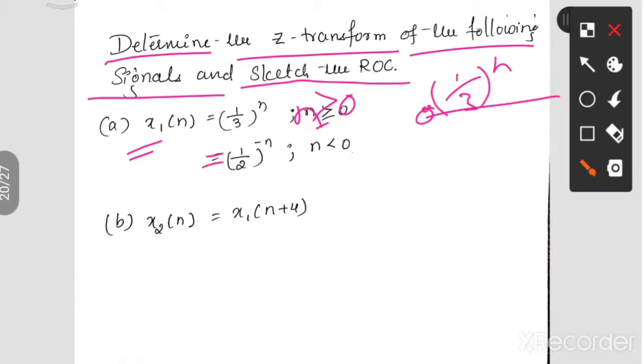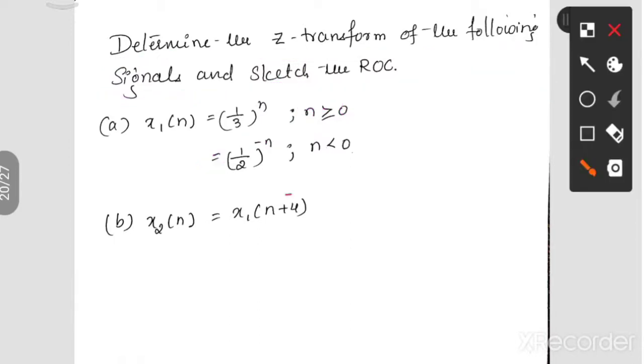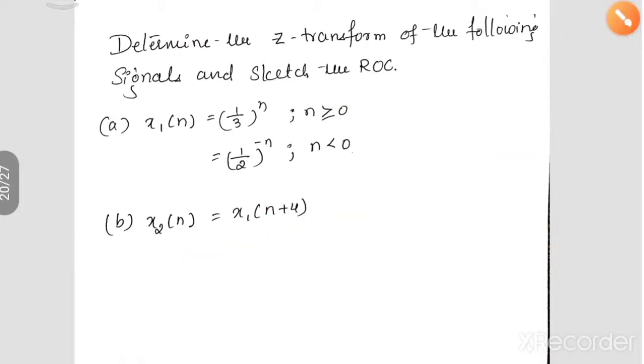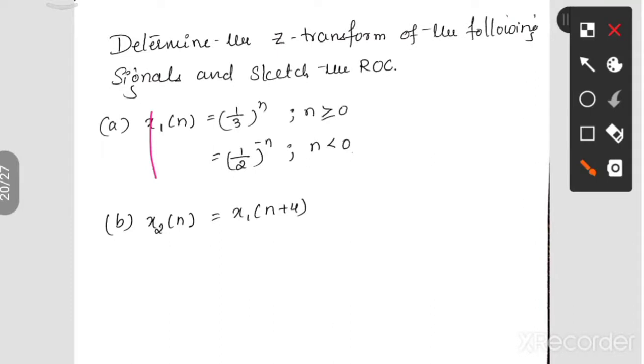And then another signal we have is 1 by 2 raised to minus n when n is less than 0. It means here we have signals on both sides: one from 0 to infinity, and another from minus 1 to minus infinity. That is the meaning of this signal.